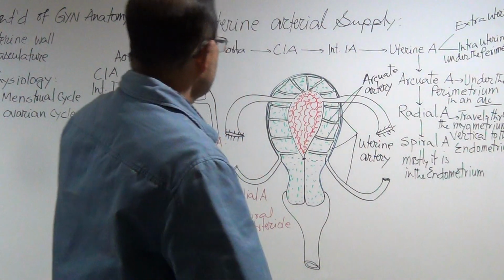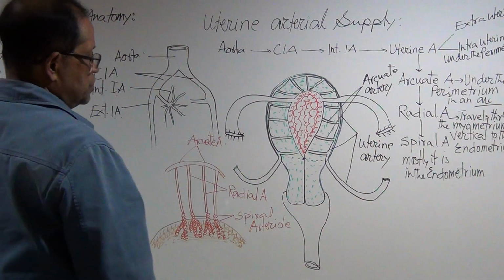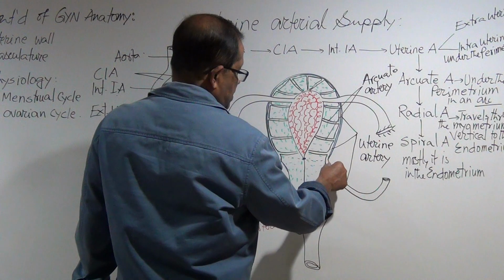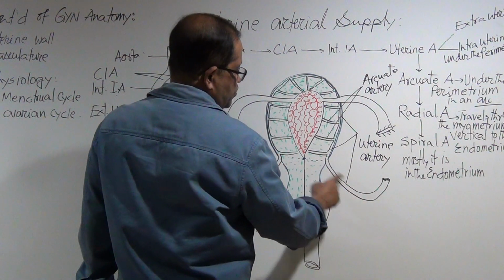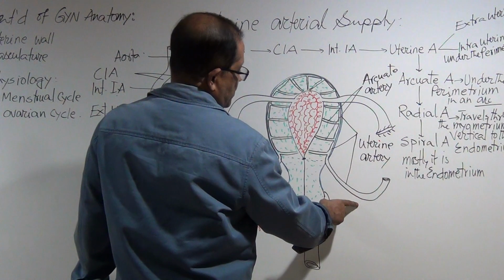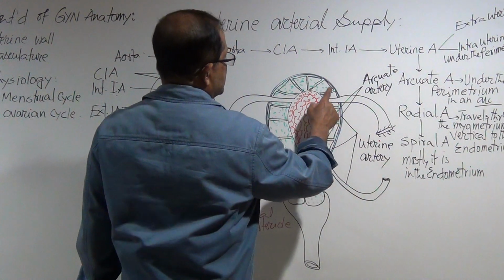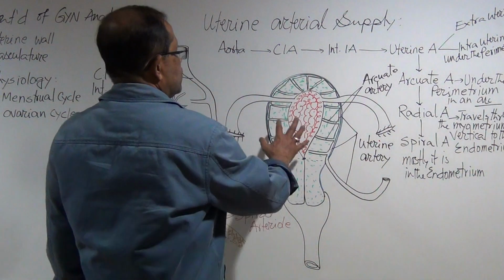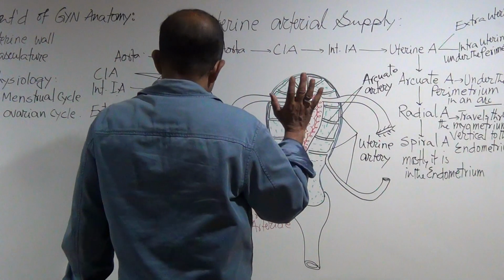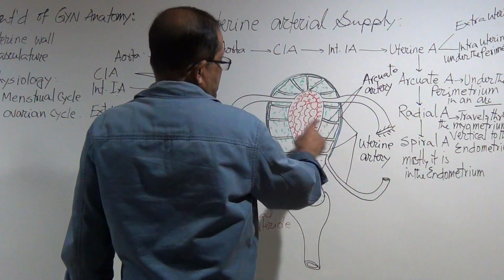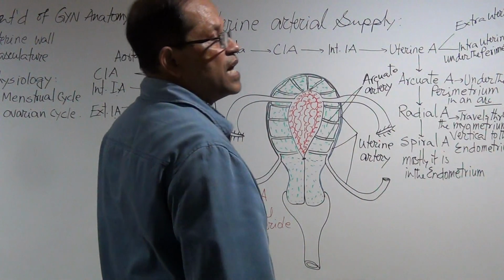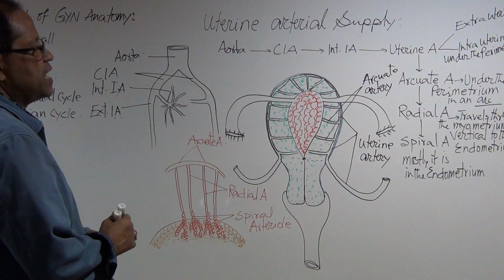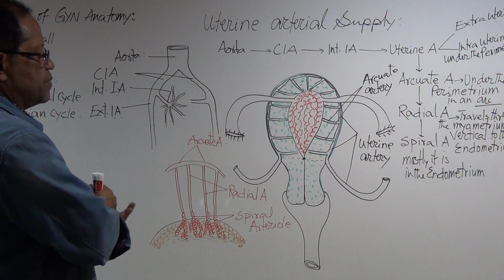Okay, so this arterial circulation is important for us, and we can easily see this extrauterine artery, and also we can see this uterine artery under the perimetrium, and with a high resolution good transducer we can see the arcuate artery, even radial artery we can see. Okay, so that's the way we need to understand the arterial supply.